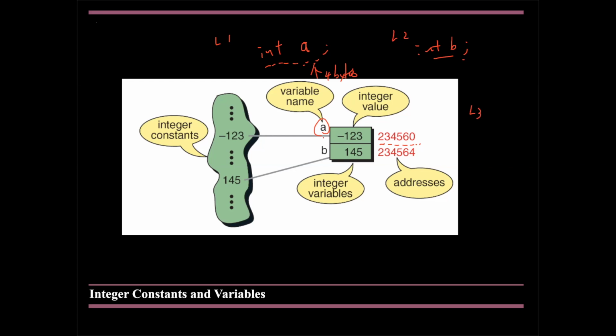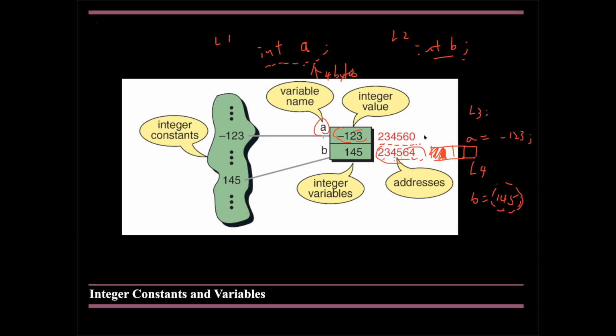Now line 3, you may have A equals negative 123, and this is a statement, so we evaluate it. At line 3, we assign a value of negative 123 to A. Then at line 4, we have B equals 145, which means we're assigning the value of 145 to this integer sitting at the memory address 2345 64. This memory address is stored as part of your 4 byte integer space, and the other 3 bytes are reserved for 145.